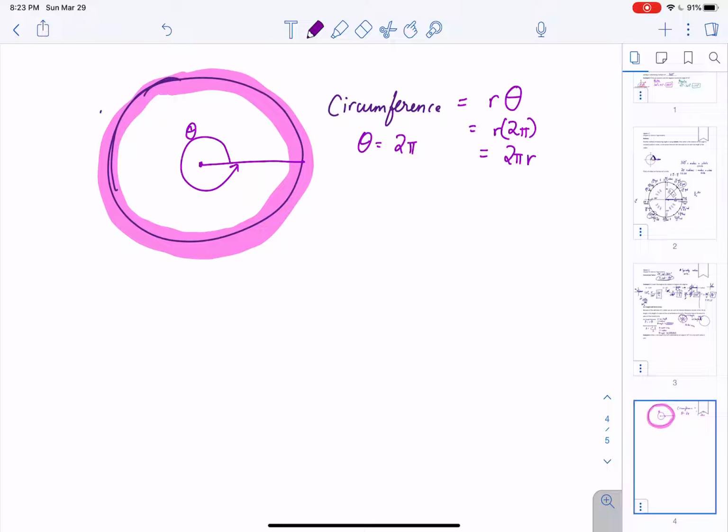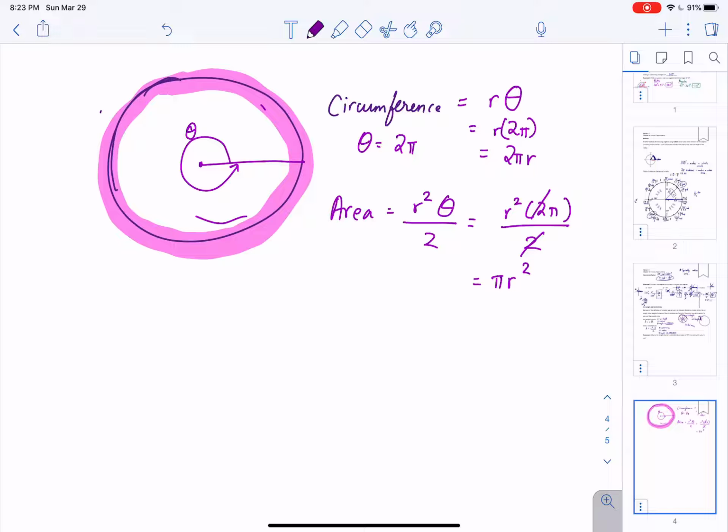Same thing for sector area. If I wanted the area of this whole circle, then the area would be r squared theta divided by 2. Well, theta is 2 pi, and dividing it by 2, the 2's cancel, and you get pi r squared. That's the formula for the area of a circle. So sector area and arc length are very similar to the circumference and area.